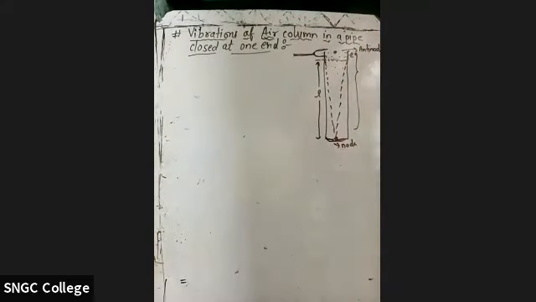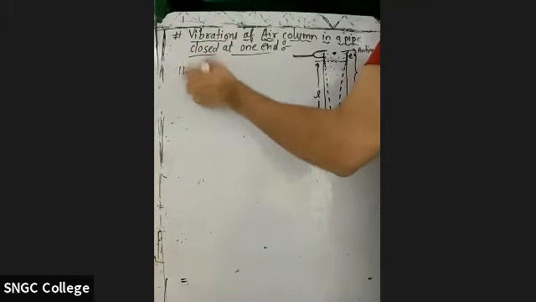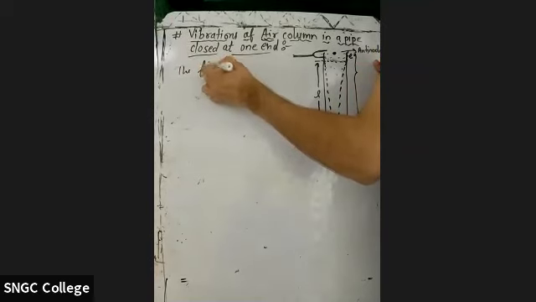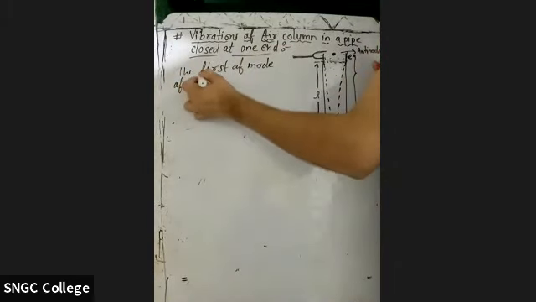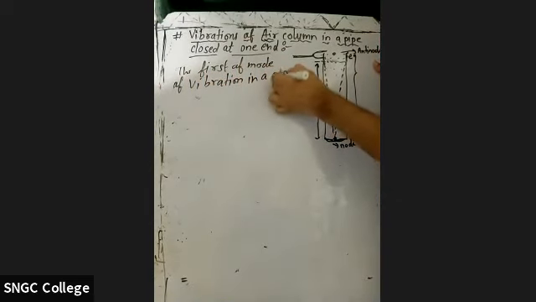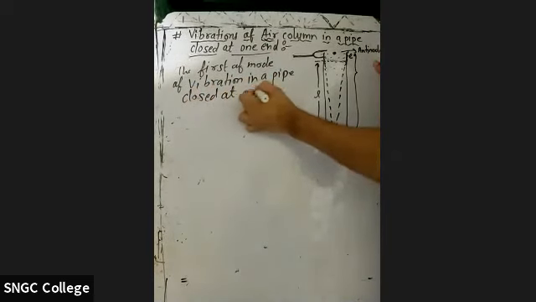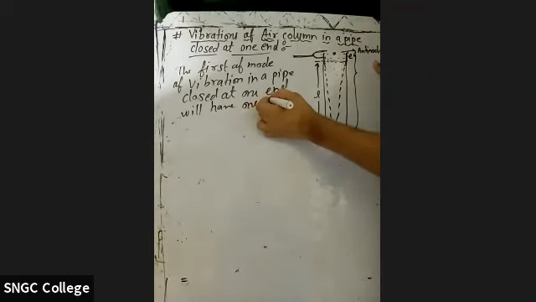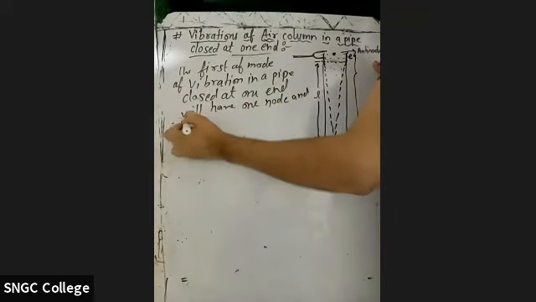So we can start our topic. The first mode of vibration in a pipe closed at one end will have one node and one antinode.